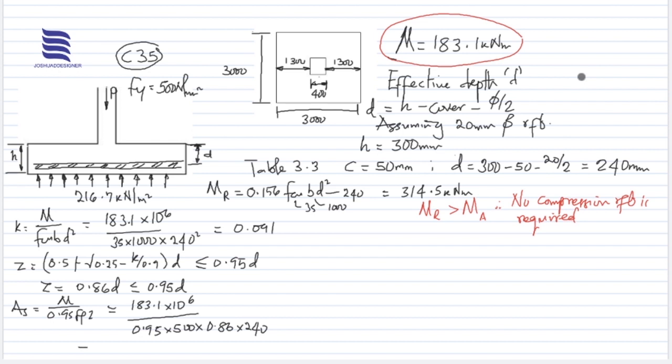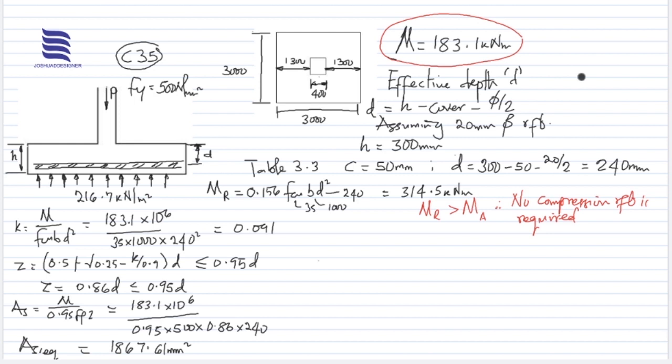This result is the area of steel required, which should give 1867.61 millimeters squared. So from here we can make provision.